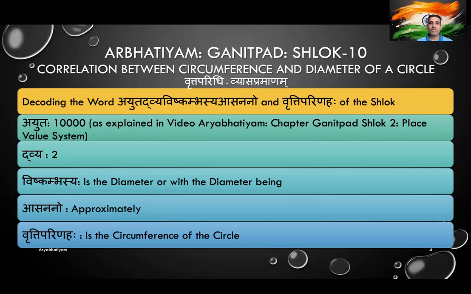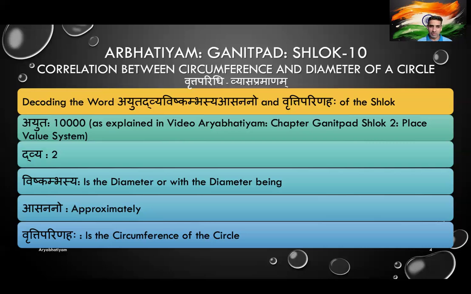If you remember, in the Aryabhatiyam chapter Ganitpad Shlok 2, in the place value system, we covered the Ayut word in detail. You can go back and check that. I'll be putting the link of that video in the description. Dvaya means two.